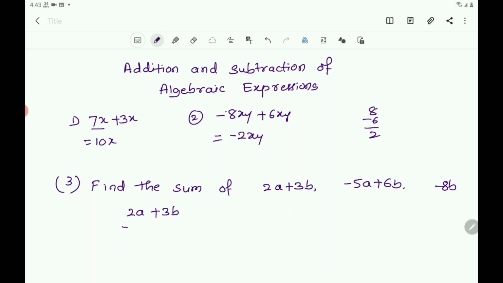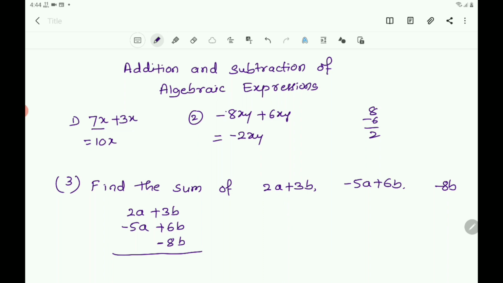In the third expression only one term is there, that is a monomial, minus 8b, which is a like term for 3b and 6b. So you write it below 3b and 6b.